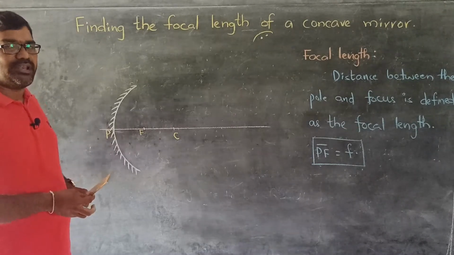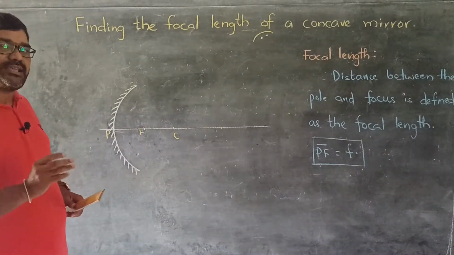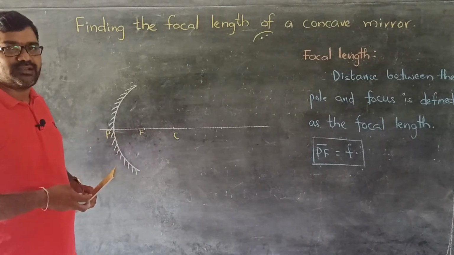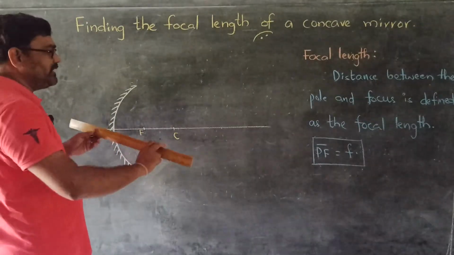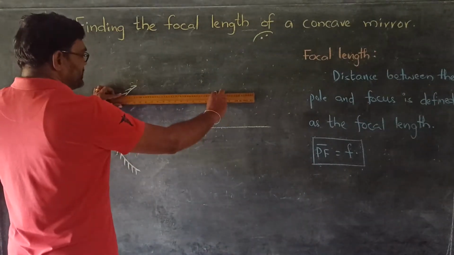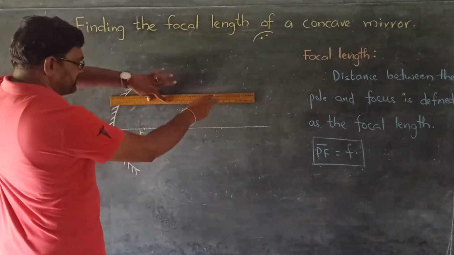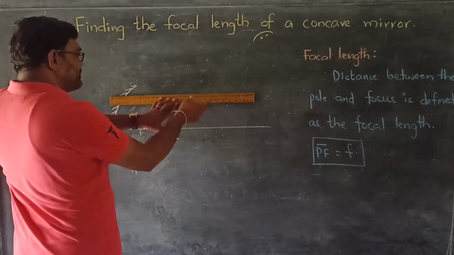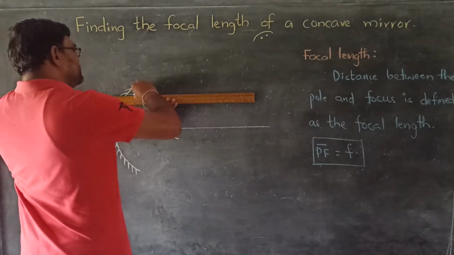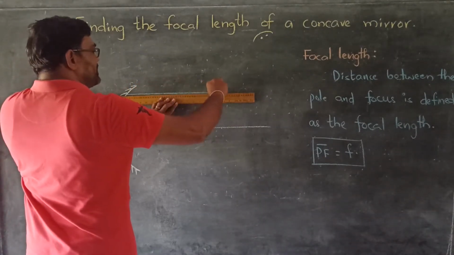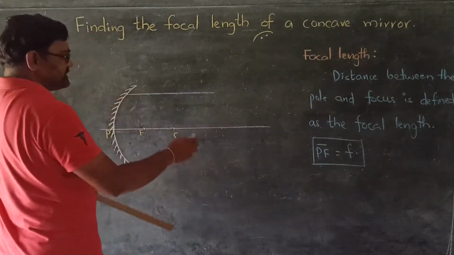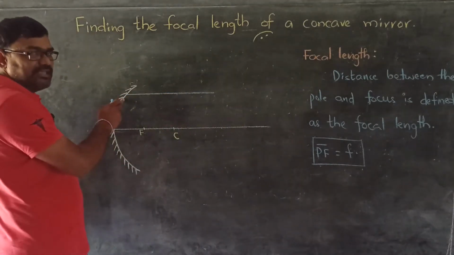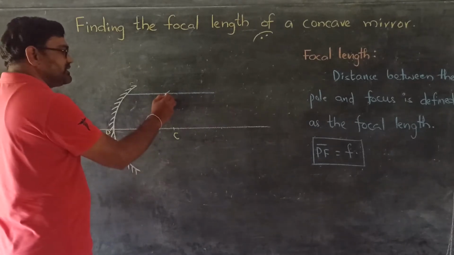So for example, let us consider a light ray is coming from an infinity distant object. That light ray can be drawn like this, parallel to the principal axis. We know that this line is the principal axis and the light ray coming from infinity distance is parallel to the principal axis. So this light ray can be taken as the light ray coming from the infinity distant object.